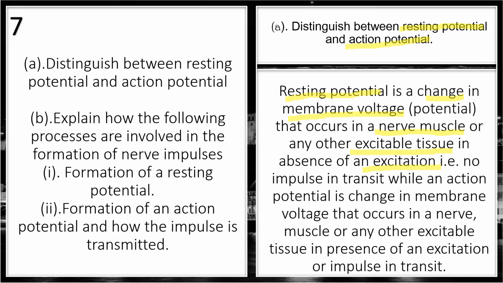That is, there is no impulse in transit. While an action potential is the change in the membrane voltage that occurs in a nerve, a muscle, or an excitable tissue in the presence of an excitation or impulse in transit.